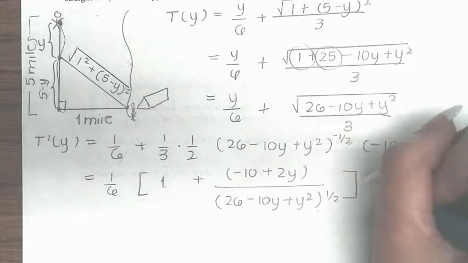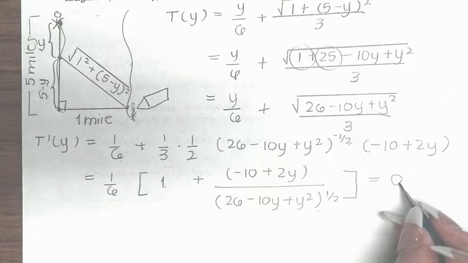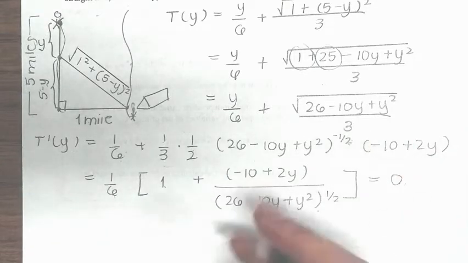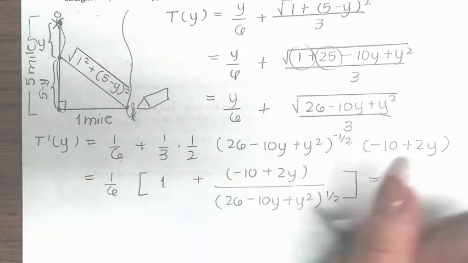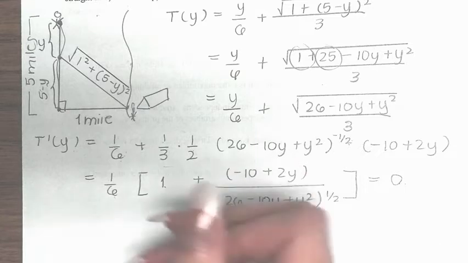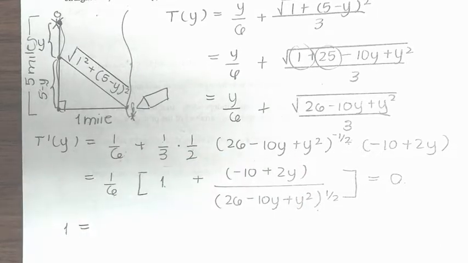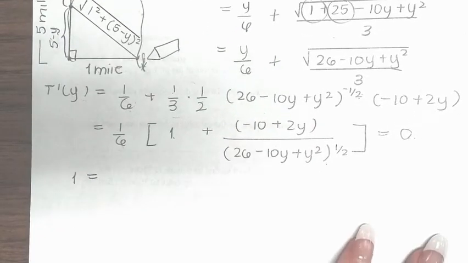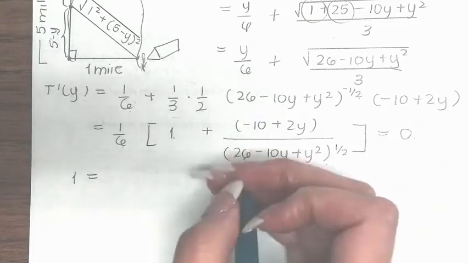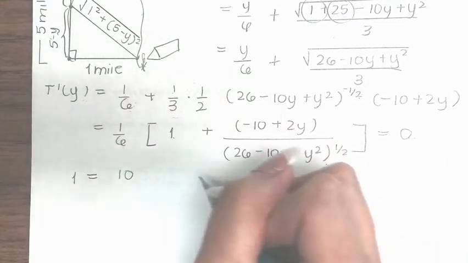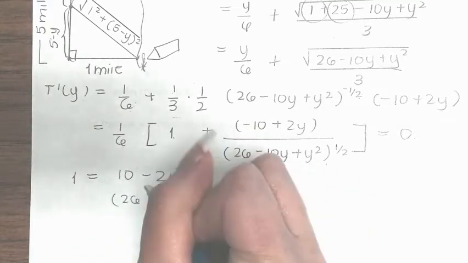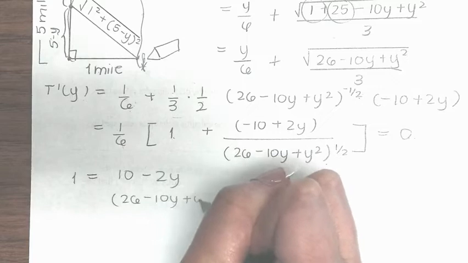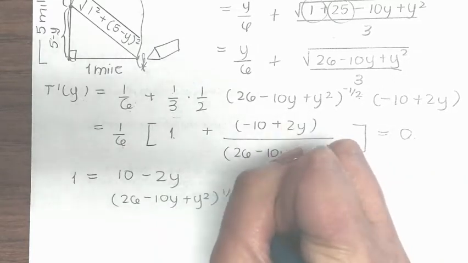So I'm going to equalize this to 0. When I equalize this to 0, I pass the 6 multiplying the 0, so that one disappears. Then I need to move this one to the other side. So what you have to solve for y is that 1 is equal to, since it's going to be negative, I'm going to change the sign, 10 minus 2y divided by 26 minus 10y plus y squared, to the 1/2.